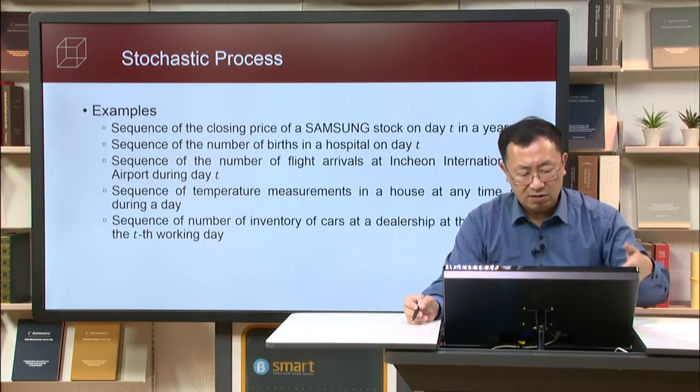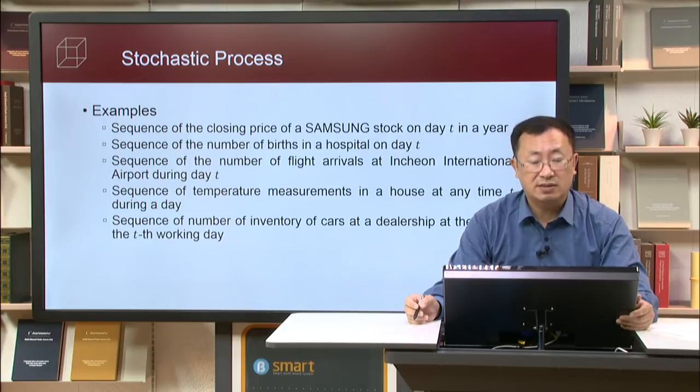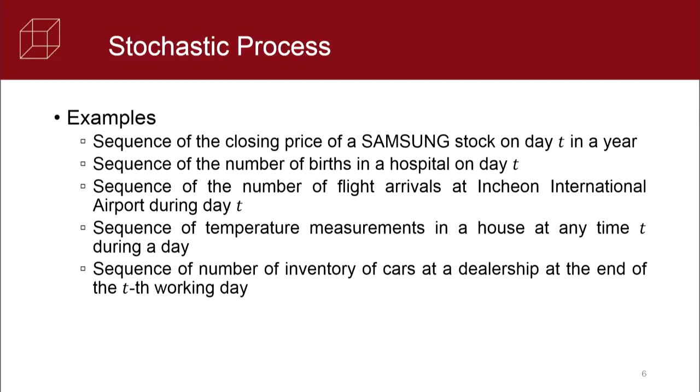Here are examples of stochastic processes: the sequence of closing prices of Samsung stock on the t-th date in a year, the sequence of the number of births in a hospital on day t, the sequence of the number of flight arrivals at Incheon International Airport during day t, the sequence of temperature measurements in a house at any time t during a day, or the sequence of the number of cars in inventory at a dealership at the end of the t-th working day.